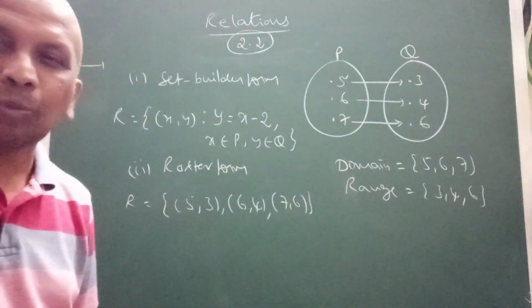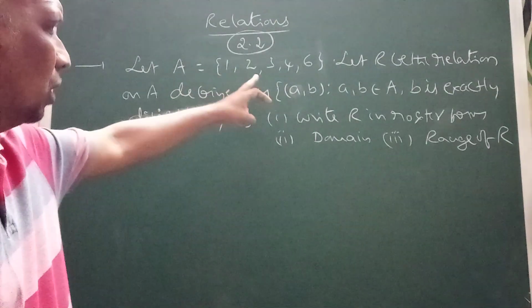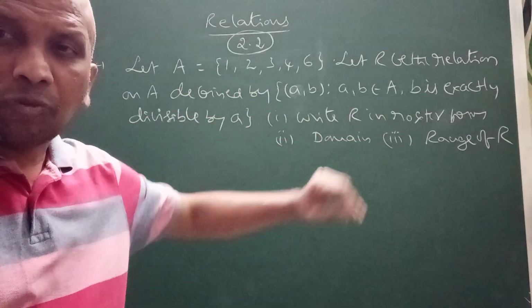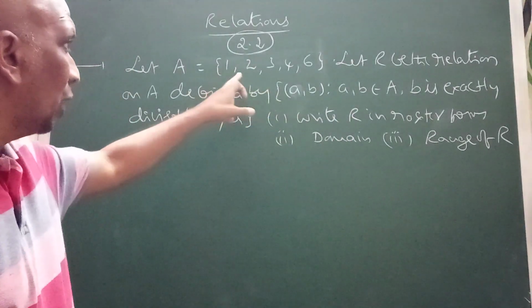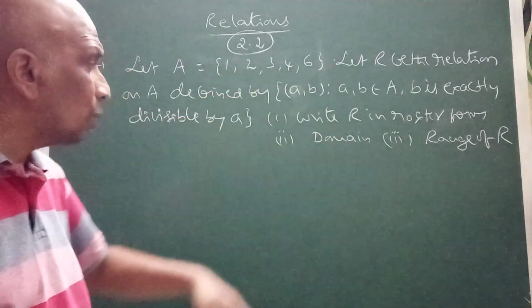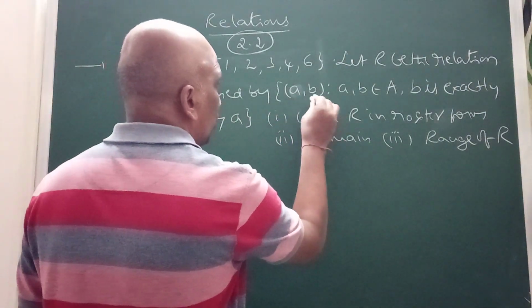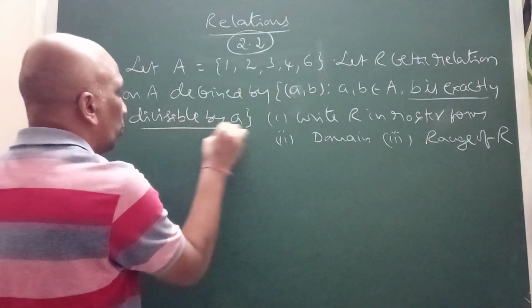Now I am going to explain the next problem. In this problem they are asking to find domain and range by writing roster form. Again A is equal to 1, 2, 3, 4, 6. Let R be the relation on A defined by the set of ordered pairs (a, b), where a, b belong to A and b is exactly divisible by a.